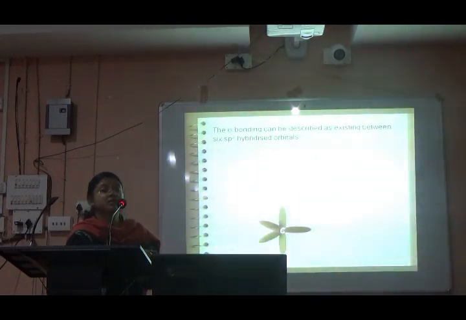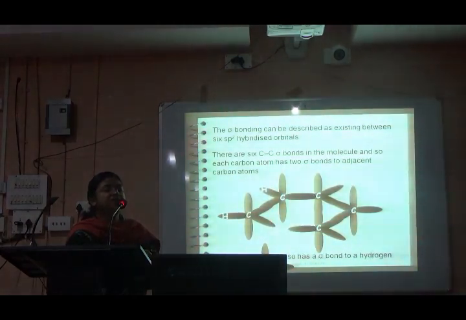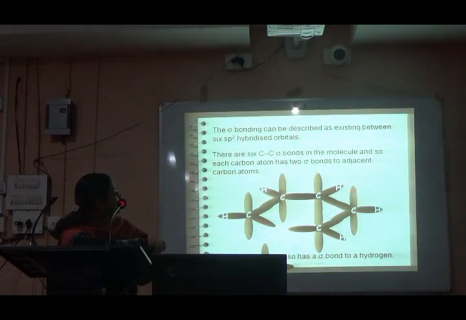It is not involved in rigid bonding, so each carbon atom of the benzene can be represented like this, with an unhybridized p orbital for each of the carbon atoms.